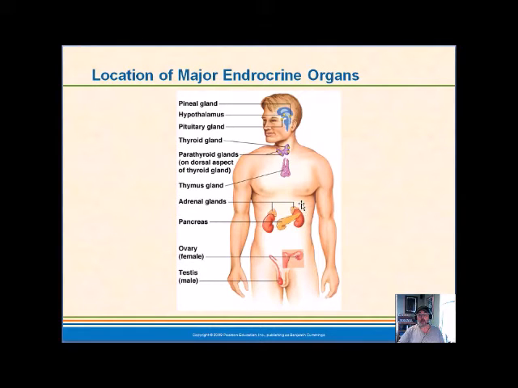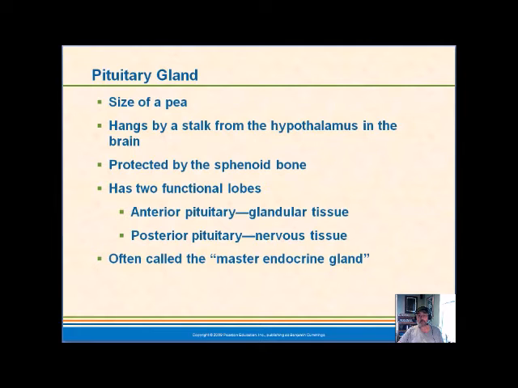And again, as you can see, these glands are widely scattered. They produce hormones that will impact tissues that are far away from them, and it will only impact tissues that have specific receptors for the hormone that is being introduced.